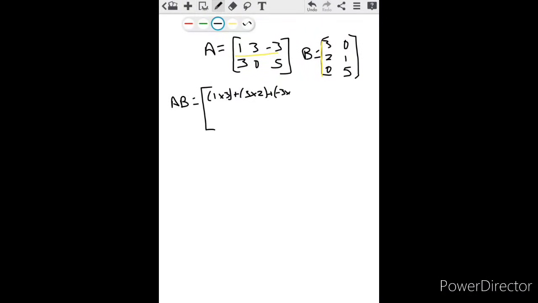Then we'll have the first row again multiplied by the second column in B. We have 1 multiplied by 0 plus 3 multiplied by 1 plus negative 3 multiplied by 5. Then multiplying our second row in A by our first column in B.